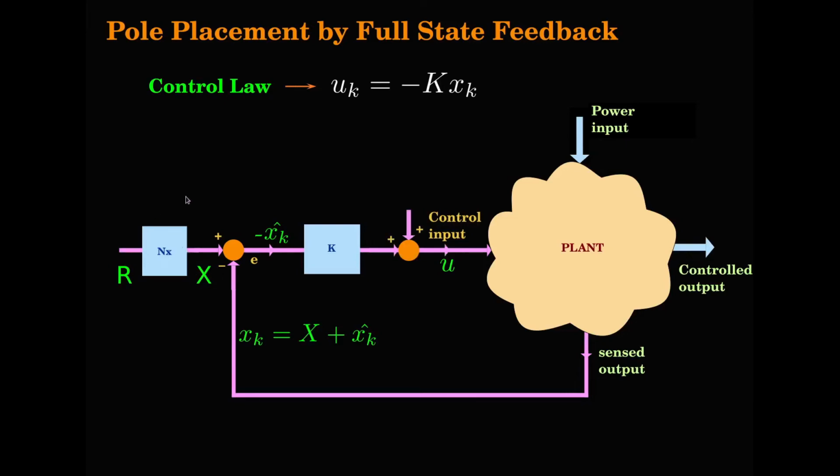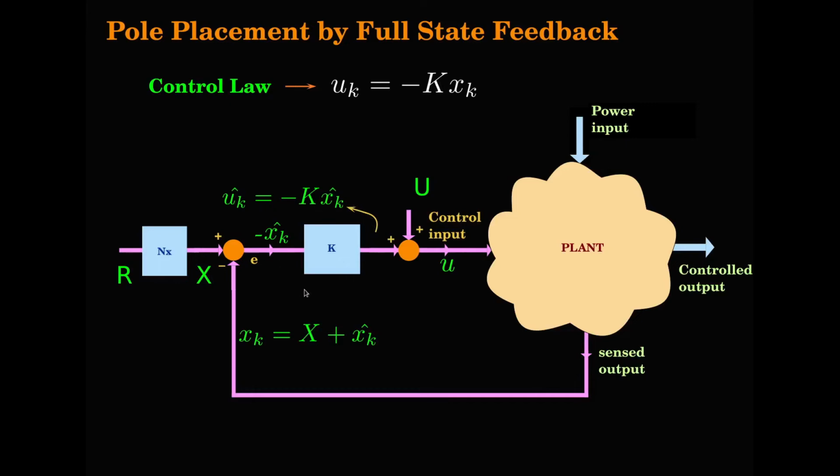So from this fixed reference, we shall also give a feed forward point here. Now when you give the feed forward point here, this is the nominal operating point u, and what is coming out of the controller k is minus k xk hat, that is uk hat, the small signal input, deviations about the nominal operating point.